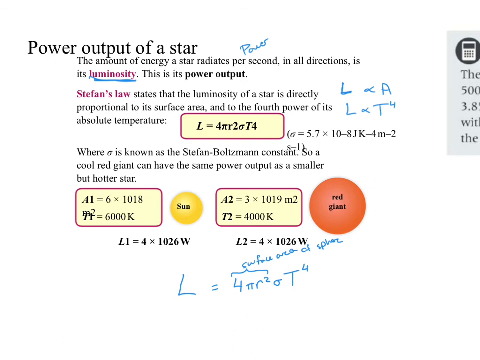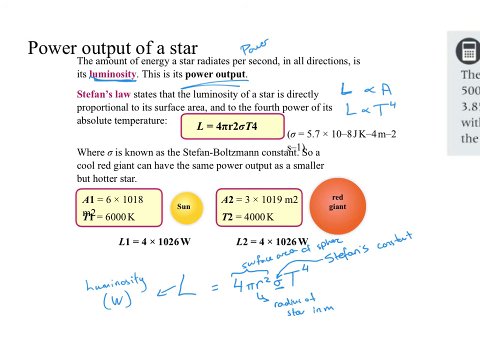Sigma, this is a Greek letter. Sigma is Stefan-Boltzmann's constant. So this is luminosity. Remember, since it's the total power output of a star, it's measured in watts. This is the radius of the star in meters. This is the Stefan-Boltzmann constant.